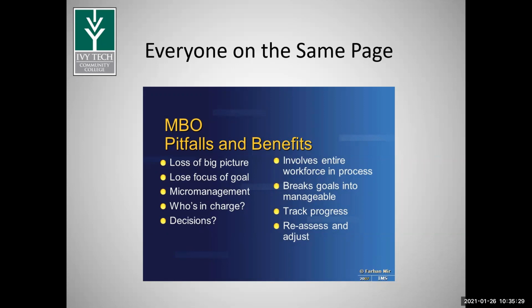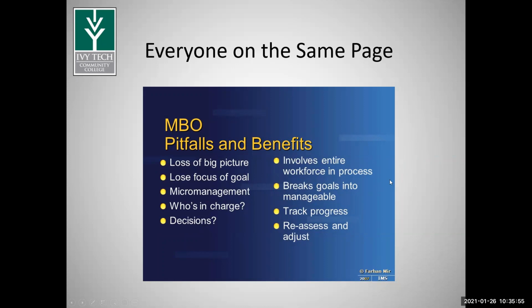So you lose the focus. You're worried about yourself. You also worry about micromanagement. If I'm an operations manager, I start to panic when I realize I'm not going to make my numbers, and so I become a micromanaging tyrant for the last 3 months of the year because I really want my bonus. So you start getting those issues.